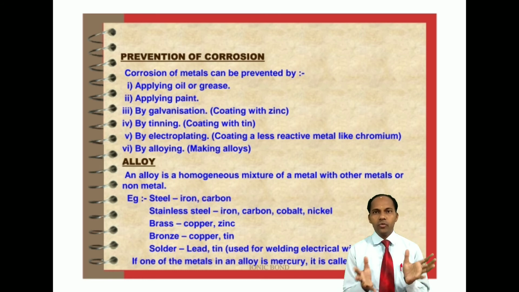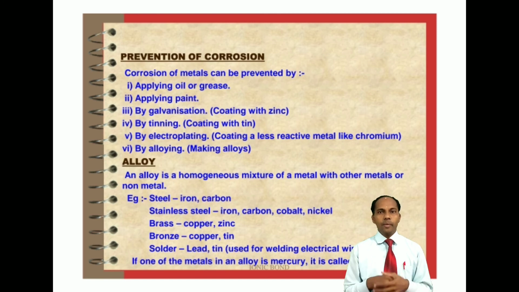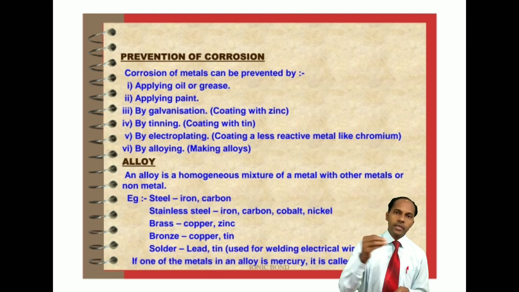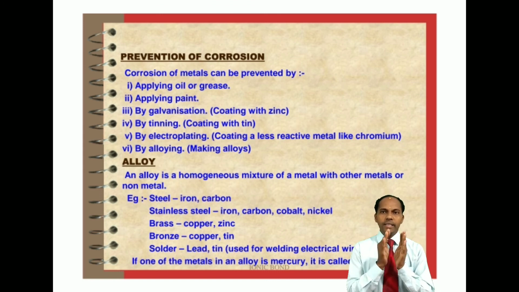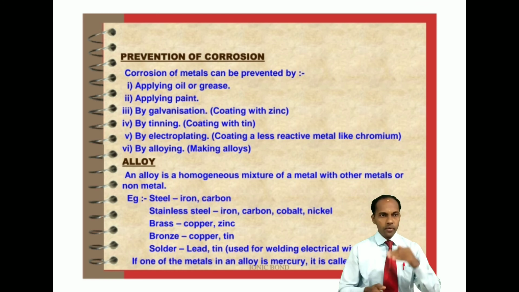Molten zinc is taken, and any metal is dipped inside and cooled, so the zinc is coated on the surface of the metal, that is called galvanization. Coating of tin is called tinning. And coating a less reactive metal like chromium on the surface of another metal is called electroplating.